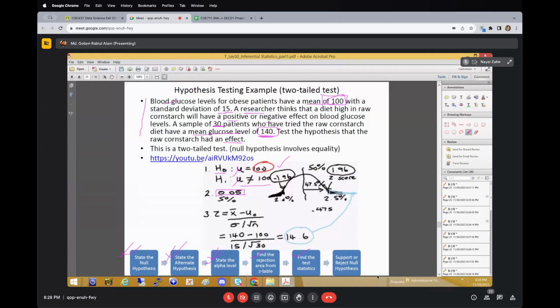Now for the third step, find the rejection area from the Z table. Now from the Z table, we need to find out the rejection zone. For our testing purpose, usually we assume that the data is normally distributed.